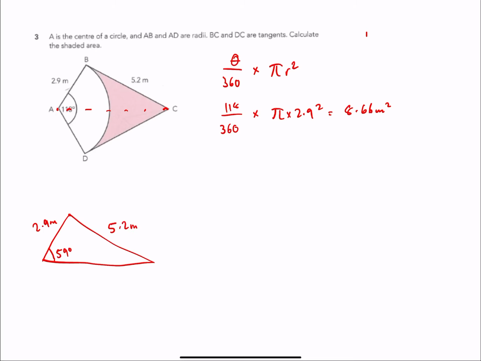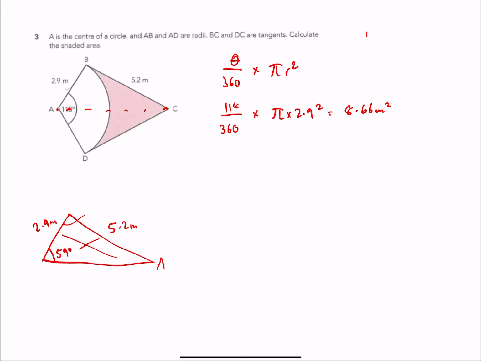To find the area of a triangle, I want to know the angle between. However, I've got two sides and an angle, but not the angle between, so I can't use the cosine rule or the area rule. So let's have a look at what else I've got. I've got a side opposite an angle, and a side opposite this angle, so I can use the sine rule and then angles in a triangle to work out the top angle.